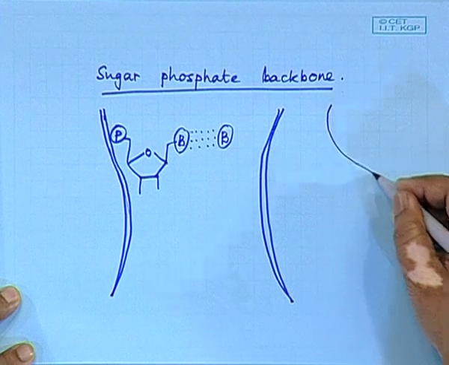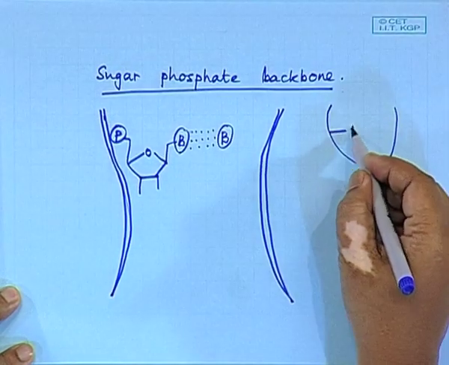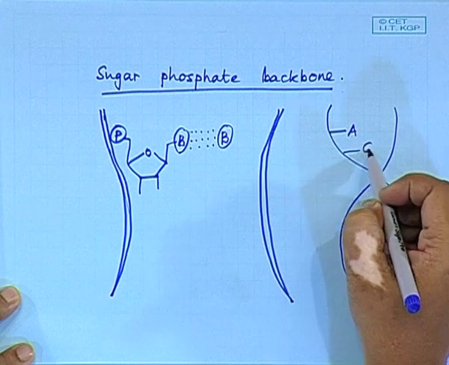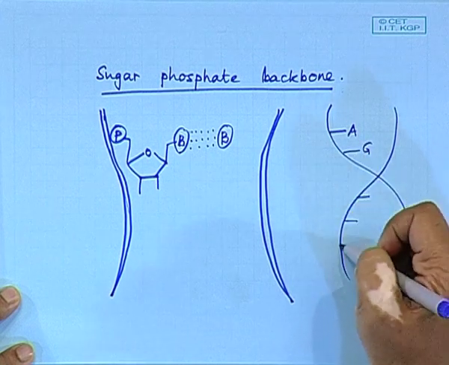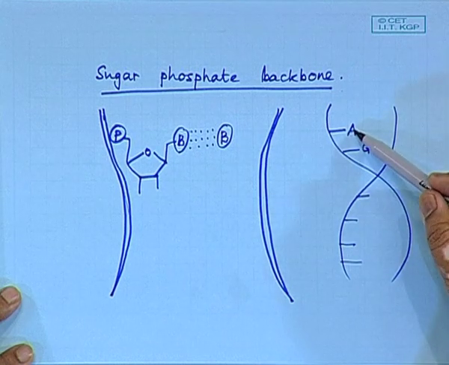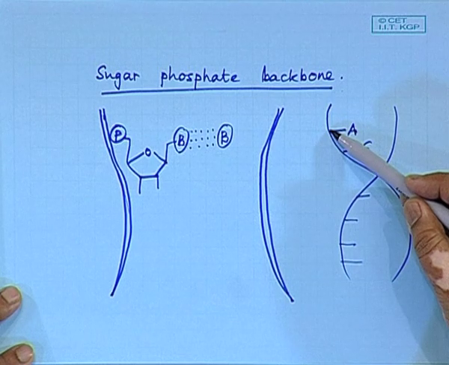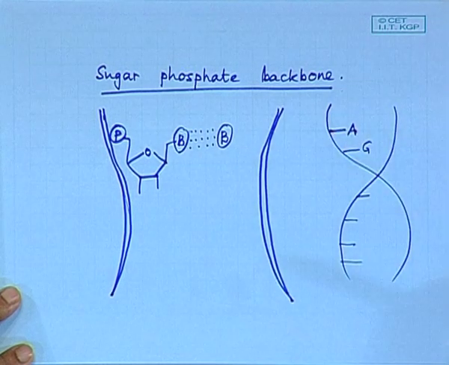When you see DNA actually drawn, it is just drawn with A, G and so on and so forth. Where is this coming from? This is linked to the sugar that forms part of the sugar phosphate backbone.